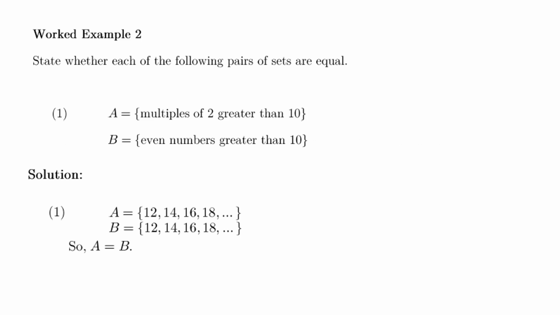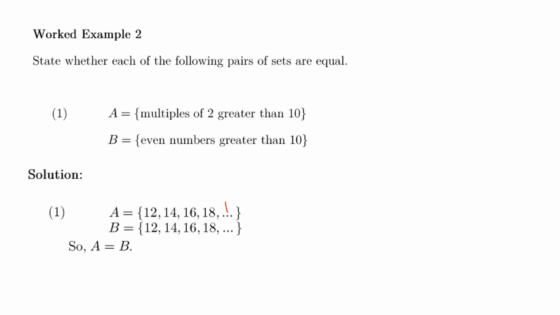Work example 2: let's try to determine if these are equal sets. Multiples of 2 greater than 10 for A, even numbers greater than 10 for B. If we list down A, we have 12, 14, 16, 18.